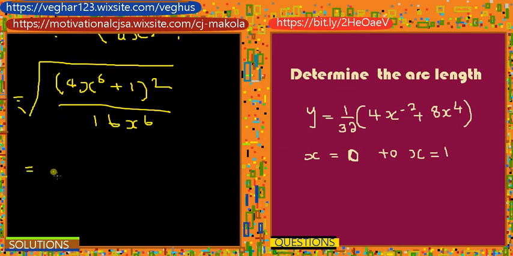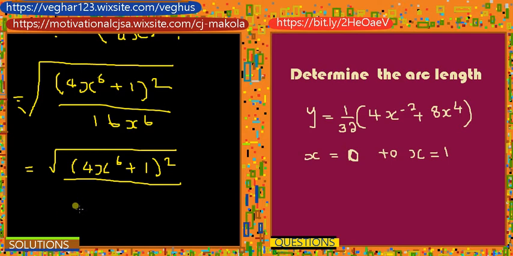Now we can eliminate the square root, like the square root of 4x raised to 6 plus 1, divided by the square root of 16.